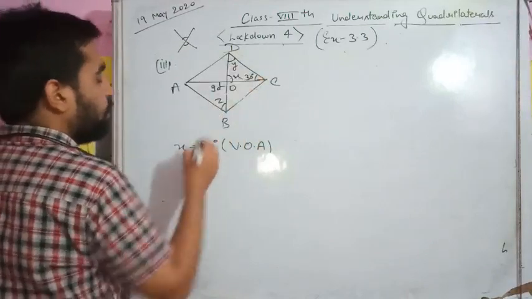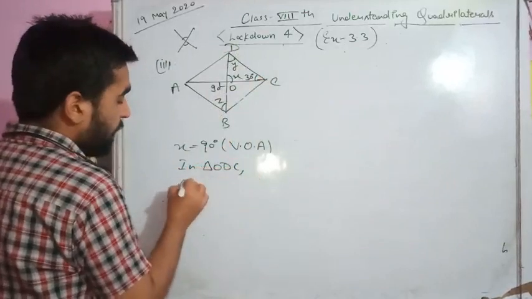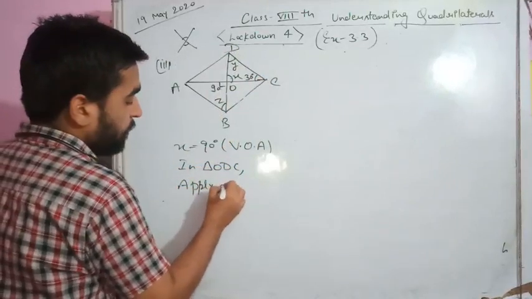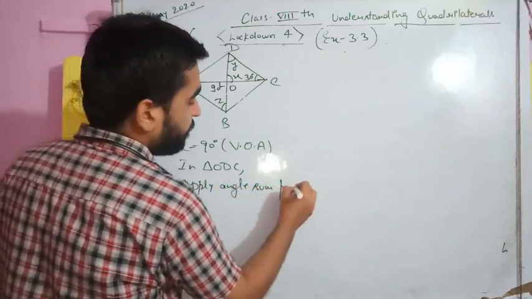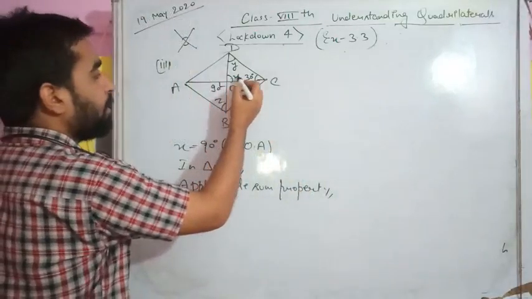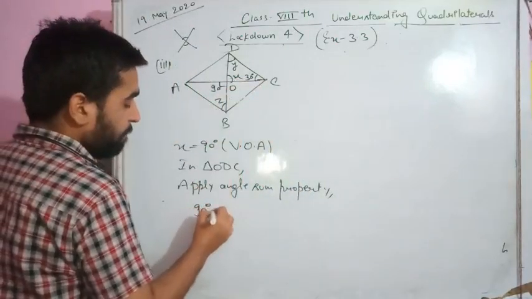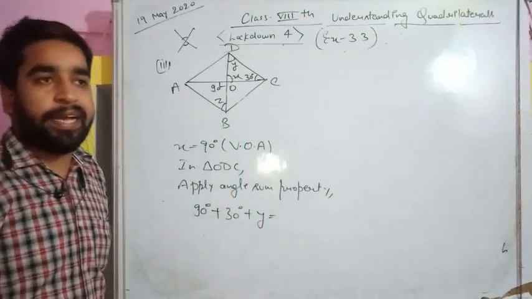Now in triangle ODC, apply angle sum property. So students, if this angle is 90 degree, so 90 plus 30 plus y. The sum of all the angles in a triangle is how much?